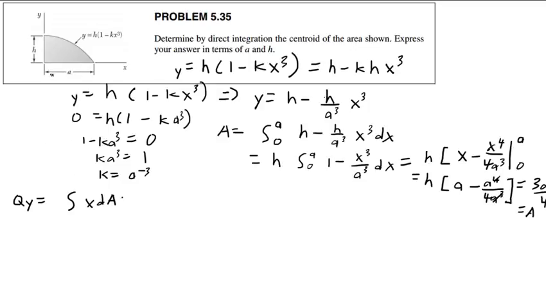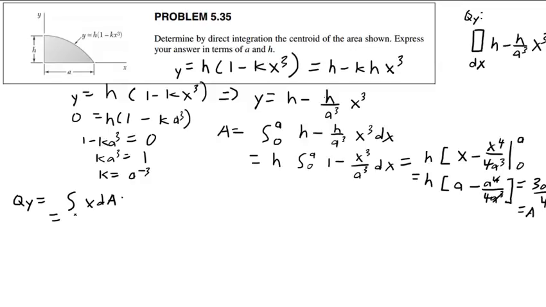For our purposes here, our differential element will be dx wide, and its height will be h minus h over a to the third x to the third.